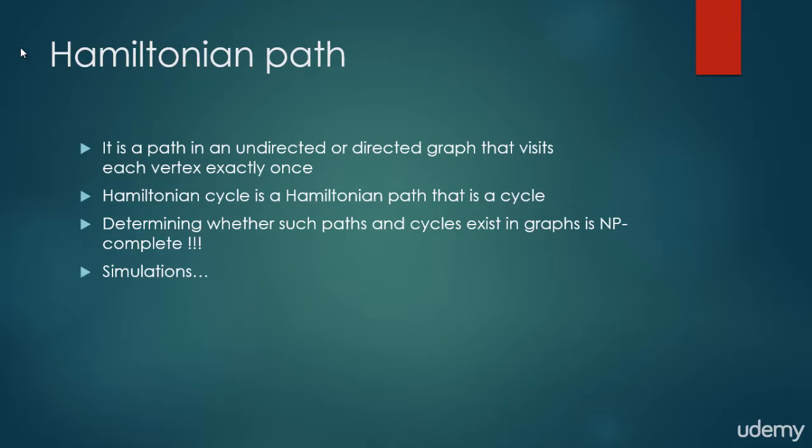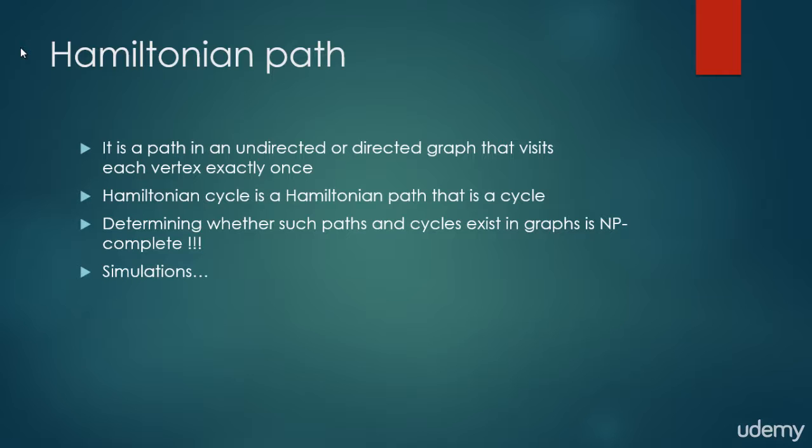And I would like to talk a bit about Hamiltonian path and Hamiltonian cycles and Eulerian path and Eulerian cycles. It's going to be very, very important, and we are going to be a bit more specific when we talk about the traveling salesman problem.